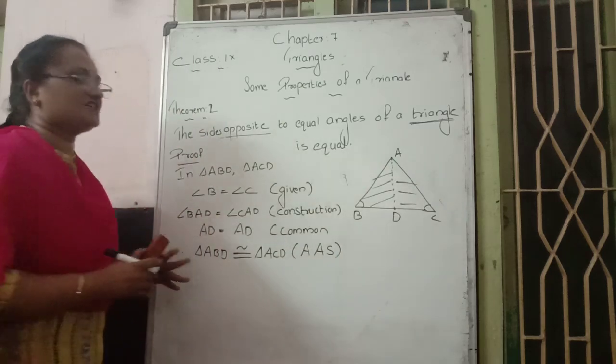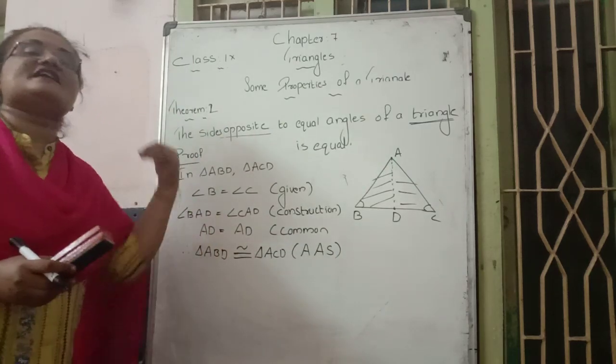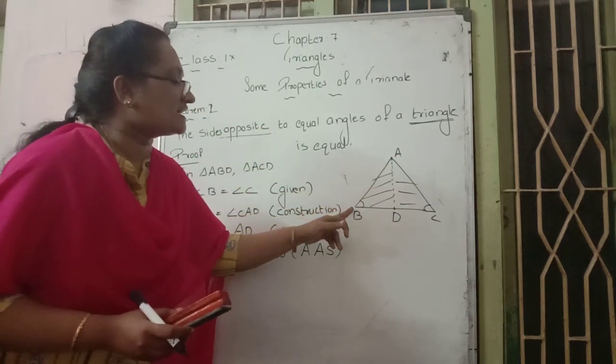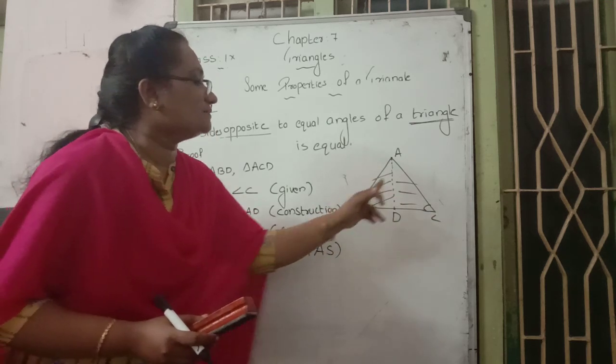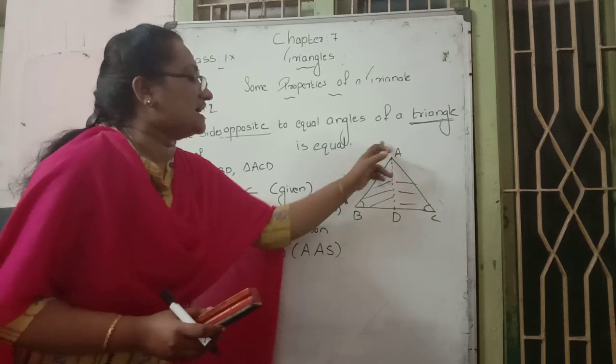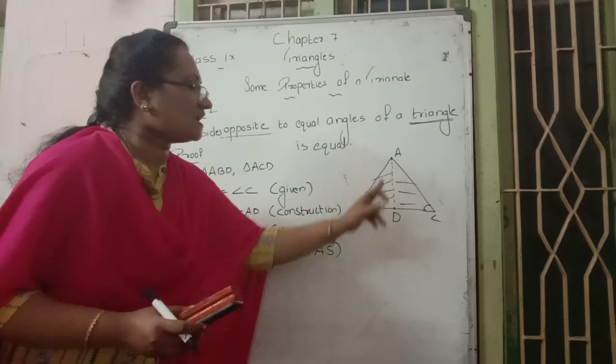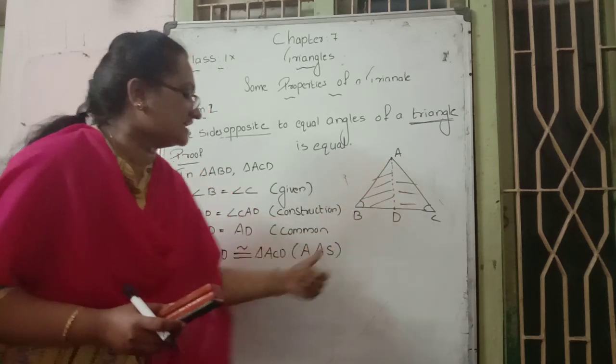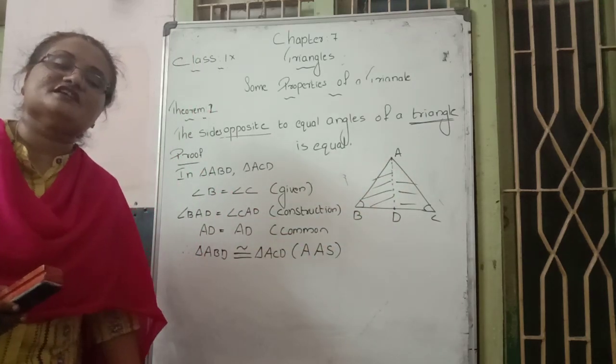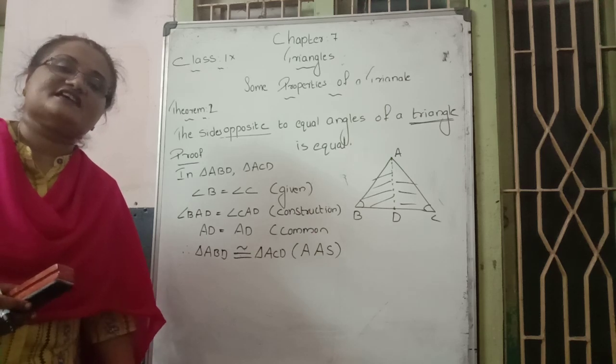AAS. AAS means two angles and any side. Which are the two angles? Angle B, angle C, and angle BAD, angle CAD, and any one side. Which side? AD side.